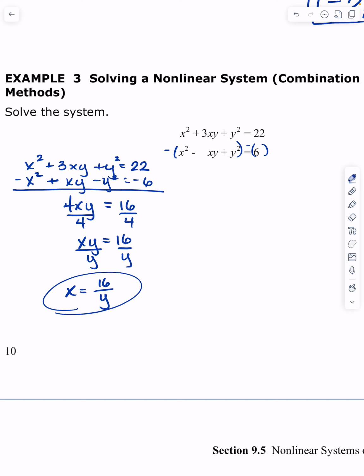So up here, bottom equation again, I got x squared minus xy plus y squared equals 6. My x is 16 over y squared minus 16 over y times y plus y squared equals 6.